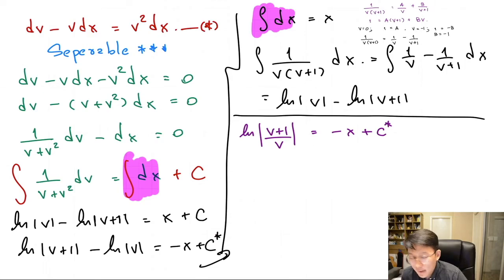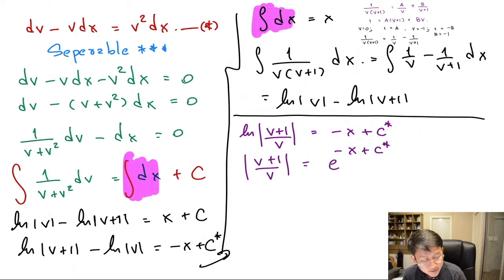That is, v plus 1 divided by v equals e to the minus x plus c star, and I can call that e to the minus x times c double star.